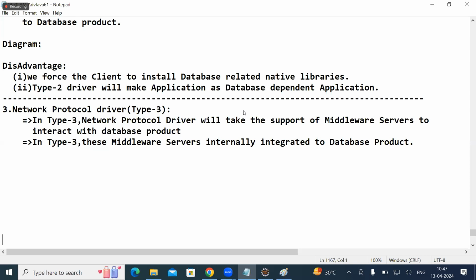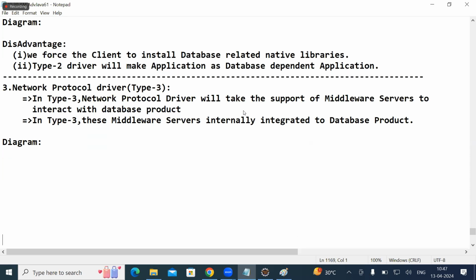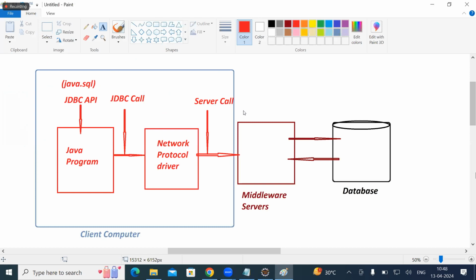So directly we are communicating with middleware servers to establish a connection to the database product. So like this, the servers concept increased from 2006 onwards.